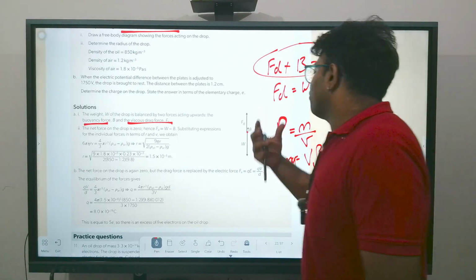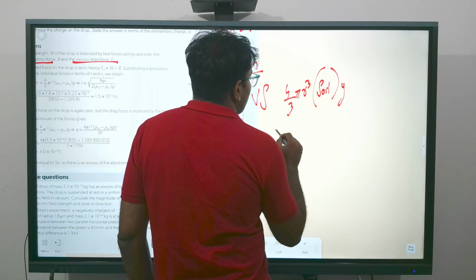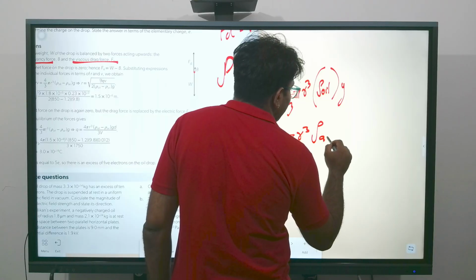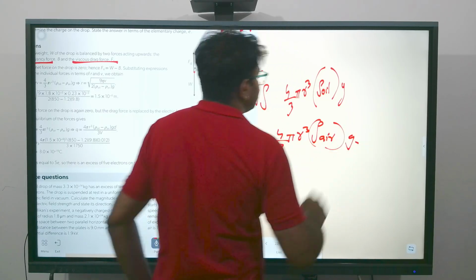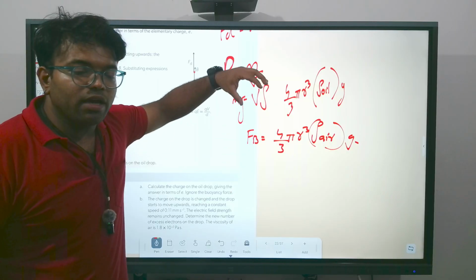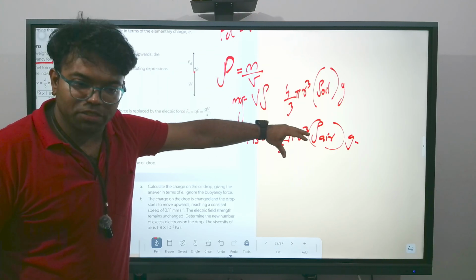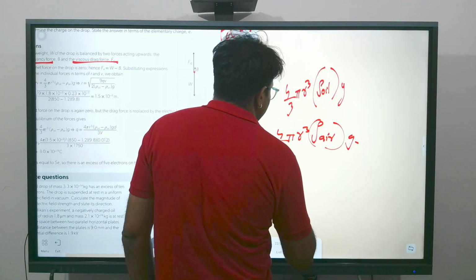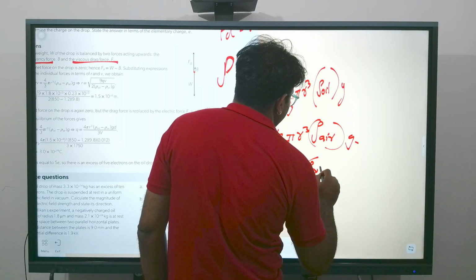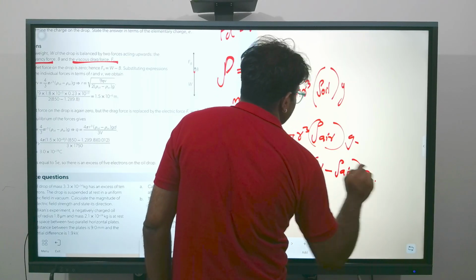And what is the buoyant force? F buoyant is equal to 4 by 3 pi r cubed times the density of air, times g. Now the net downward force is the oil term minus this, so we get 4 by 3 pi r cubed, density of oil minus density of air, multiplied by g.